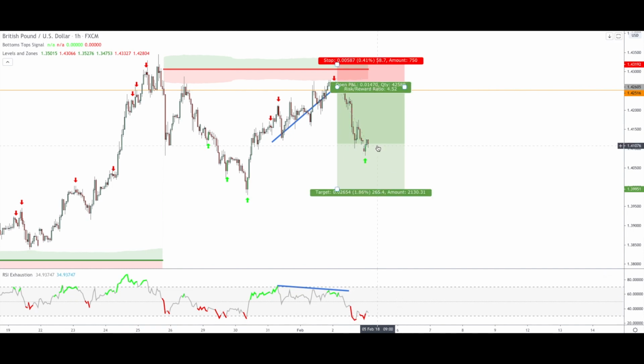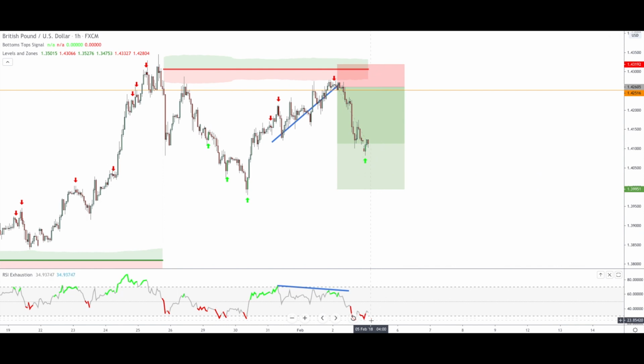If I have two bottoms, the second one being the lower, and then I have the RSI clearly trending up, and it is exhausted, then I have a setup. Right now we don't have a buy setup, or at least a close setup, so I just let the trade open, and I'll keep you posted, because this is very interesting.